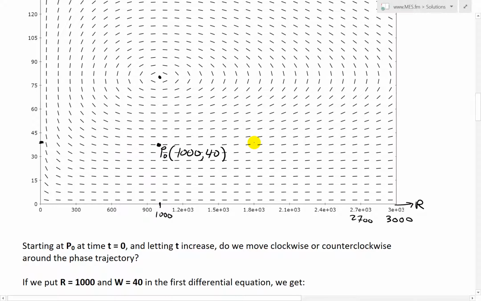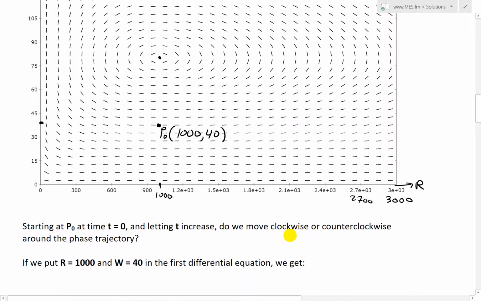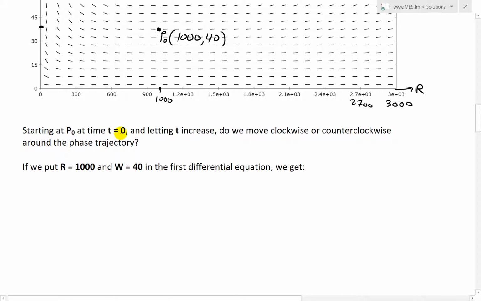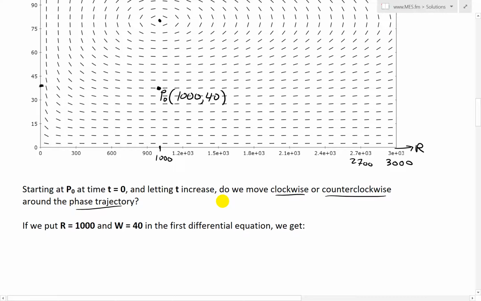Now the question is, do we go clockwise or counterclockwise, do we go to the left or to the right in this case, from this direction field? Starting at P0 at time equals 0 and letting t increase, as time goes on, do we move clockwise or counterclockwise around the phase trajectory? That's the solution curve which we will draw.